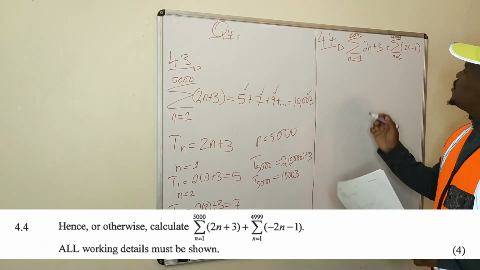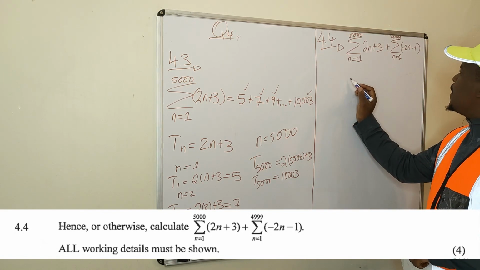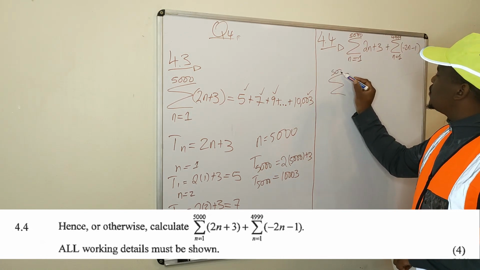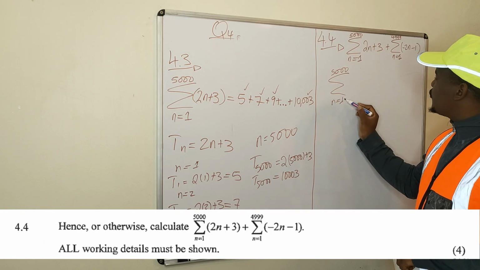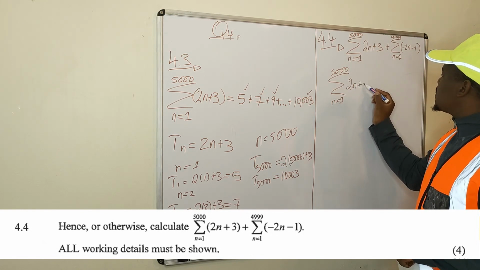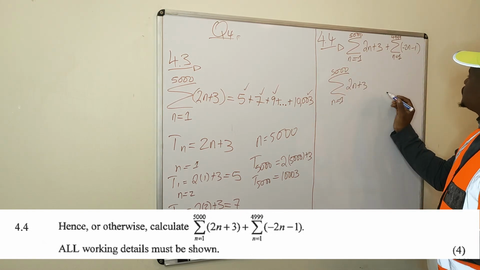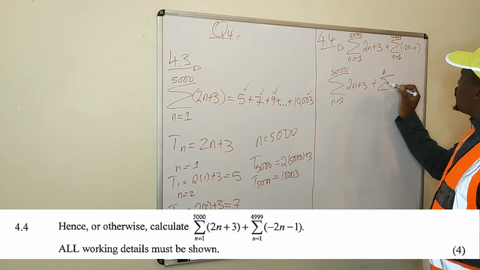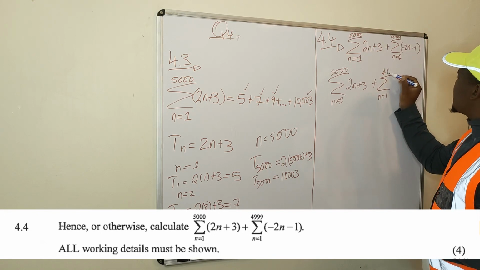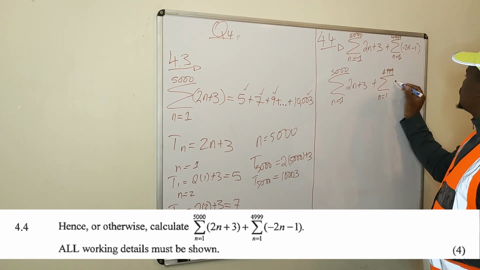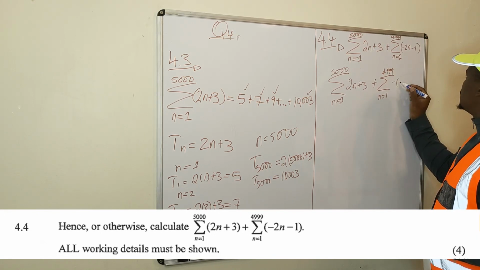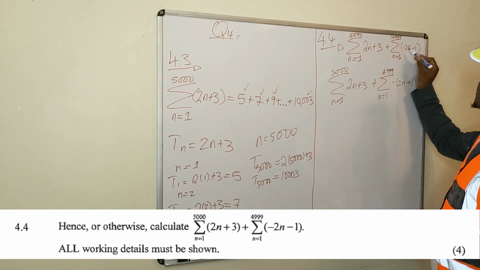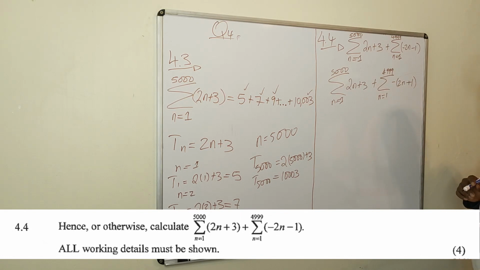What I'll do first, I'll say, okay, I have this summation here. So it's from n equals 1 to 5,000 of 2n plus 3, right? Plus this summation here from n is equal to 1 to 4,999 of negative 2n plus 1.